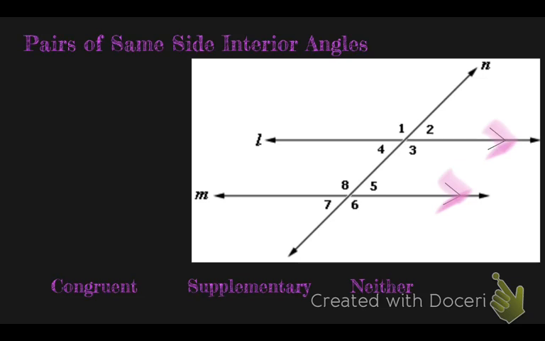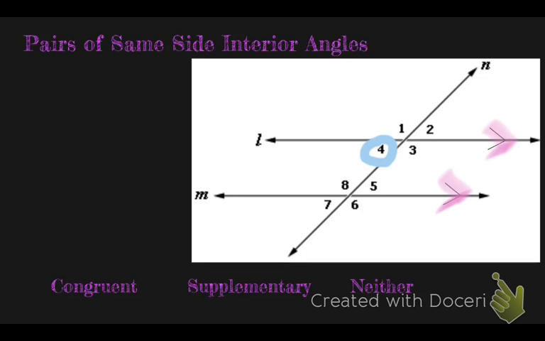Okay, go ahead and grab one of your colored pencils, highlighters, or pens, and what we are going to do is find pairs of same side interior angles and match them up. So remember that same side interior angles need to be on the same side of the transversal as one another, but on the inside of the lines. So I'm going to start with angle 4.